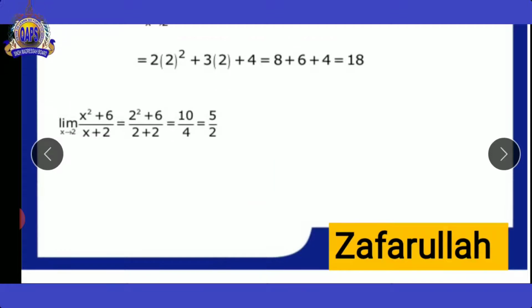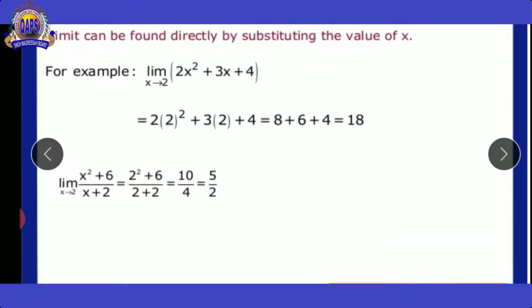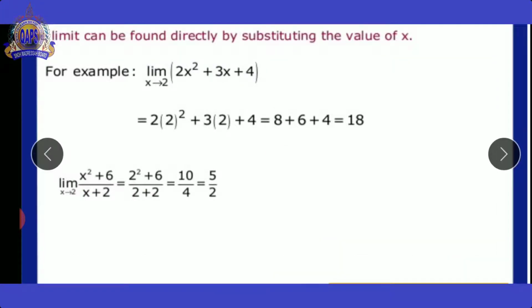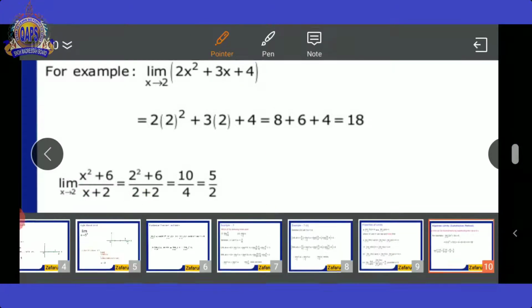Now in the second example, second question, limit x tends to 2 where the function is given as x square plus 6 upon x plus 2. We put the limit in the place of x, this x is squared, and this 6 will stay the same, and in x plus 2 we put x equals 2, so 2 plus 2 is 4.